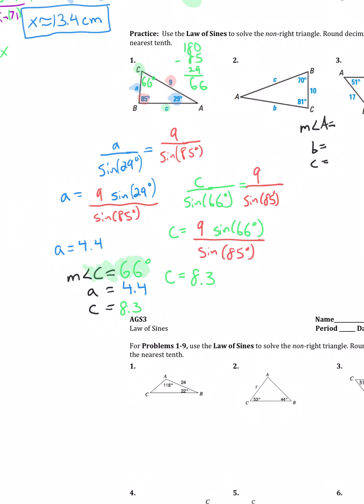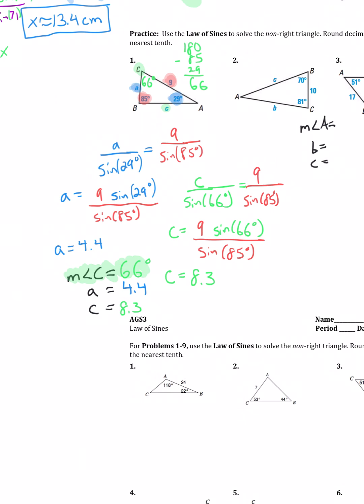Then for finding the side lengths, one thing to keep in mind is that 85 degrees happens to be the largest angle, and the longest side is always going to be opposite the largest angle. So side length C should be shorter than that, and side length A should be the shortest since the smallest angle is opposite of it.